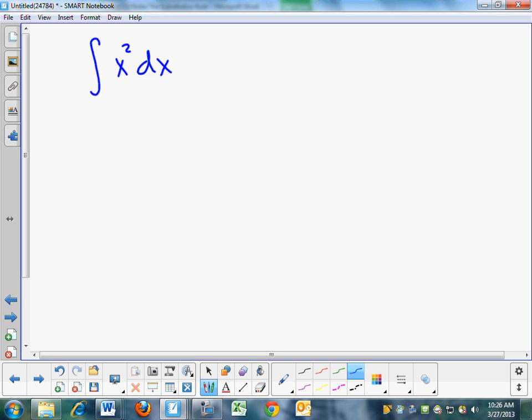When I do that type of problem, I ask myself, what do I take the derivative of to get x squared? X to the third over 3. So we are constantly trying to think about what we take the derivative of to get something else.